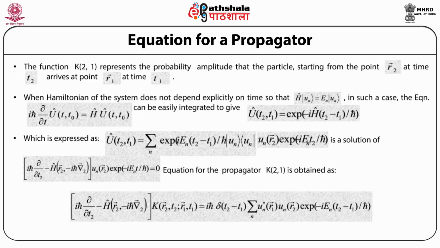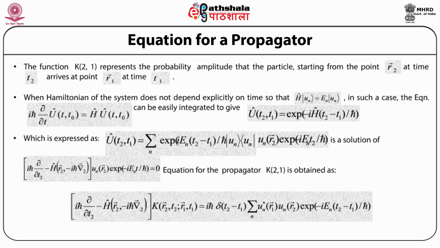And this turns out to be equal to the expectation value of the evolution operator, given by bra vector psi of t0, evolution operator U dagger of t and t0, evolution operator U of t and t0, acting on ket vector psi of t0.